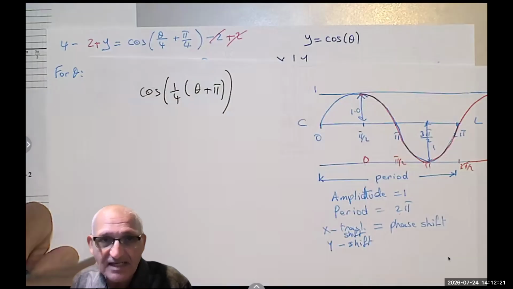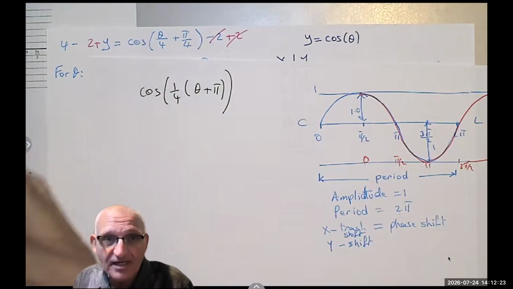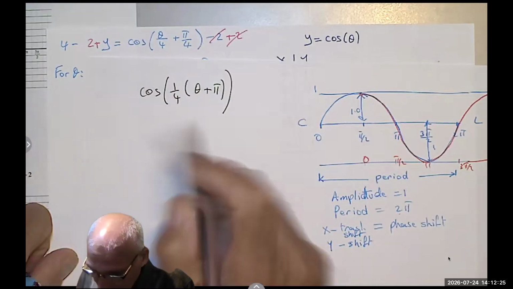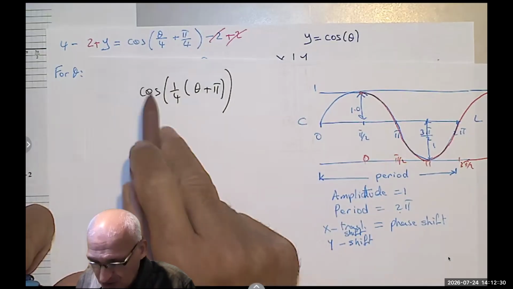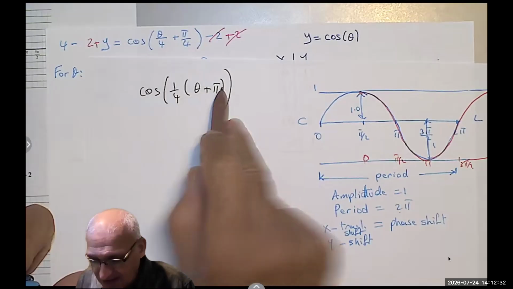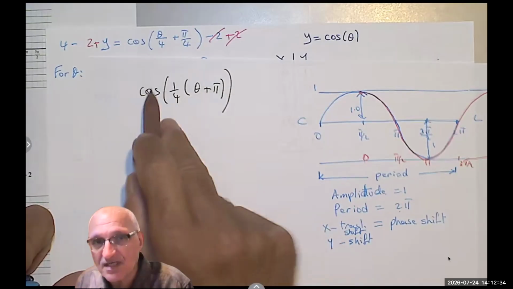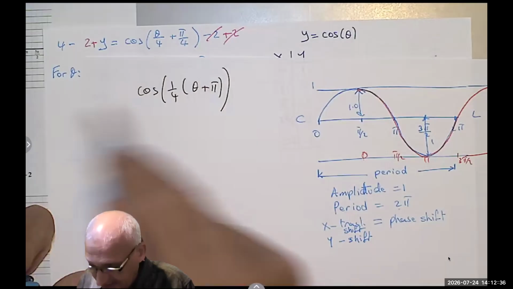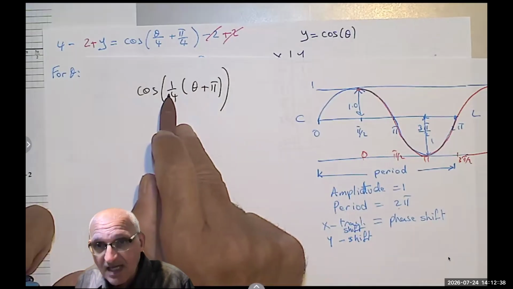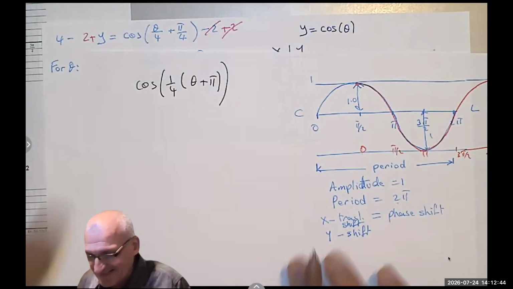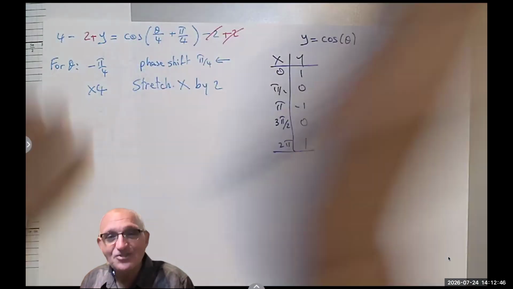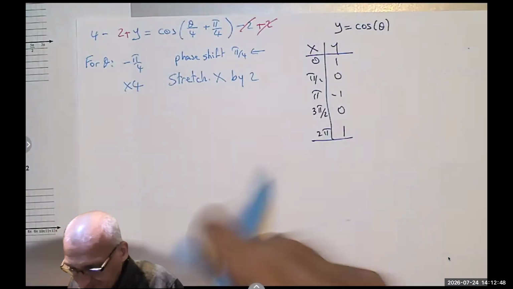You will get the same exact answer since your math is correct. Notice I cannot take the 1/4 outside because it's not linear. Cosine of 1/4 something doesn't equal 1/4 of cosine something. Be careful. But I can take it out here and look at it from different perspectives, and both are correct. However, that may cause you trouble in the test or the homework, so just do it the way you learn.